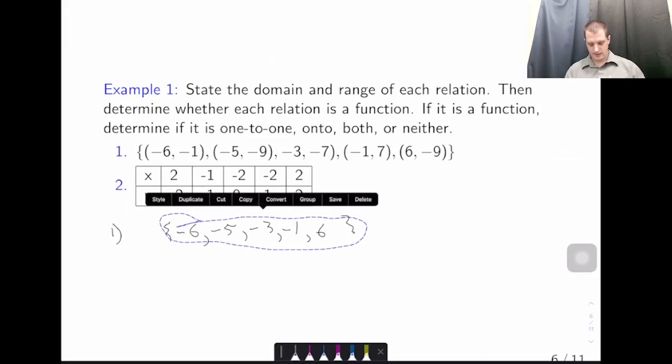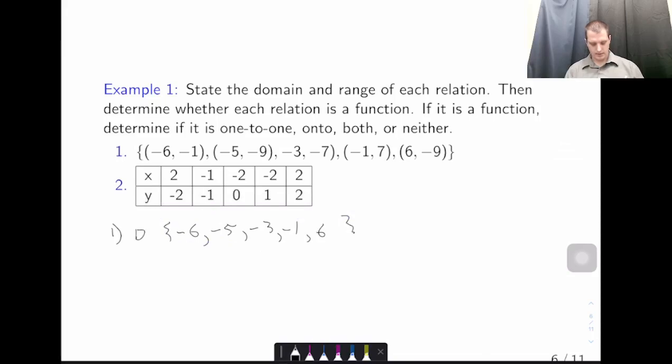We'll put a little d so we can say that's the domain. All right, so the range, on the other hand, is going to be all the y values: -1, -9, -7, 7, and -9.